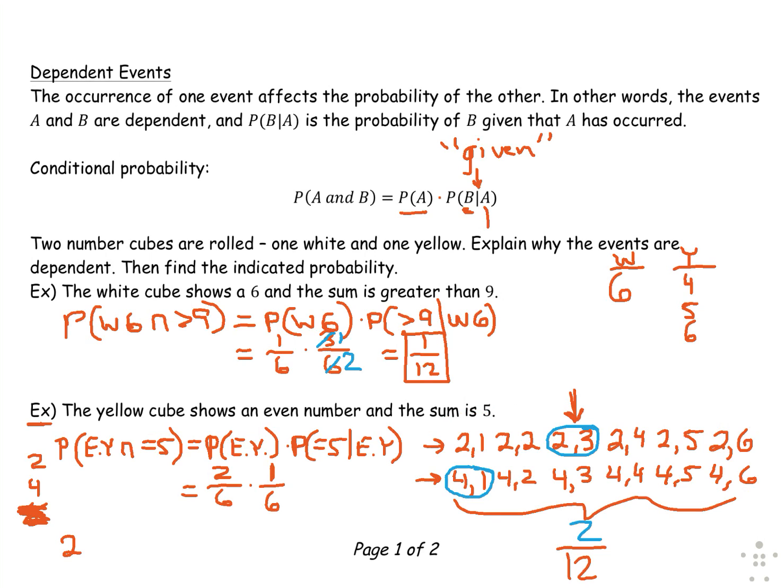So the fate of the first number cube, so to speak, is already decided. Or, consider the following. The first number cube, yellow, shows a 4. Now there's only, again, one way to pair up with that to get a sum of 5. So again, 1 in 6. 1 in 6. And proceeding, we simplify before we multiply. So an 18th.